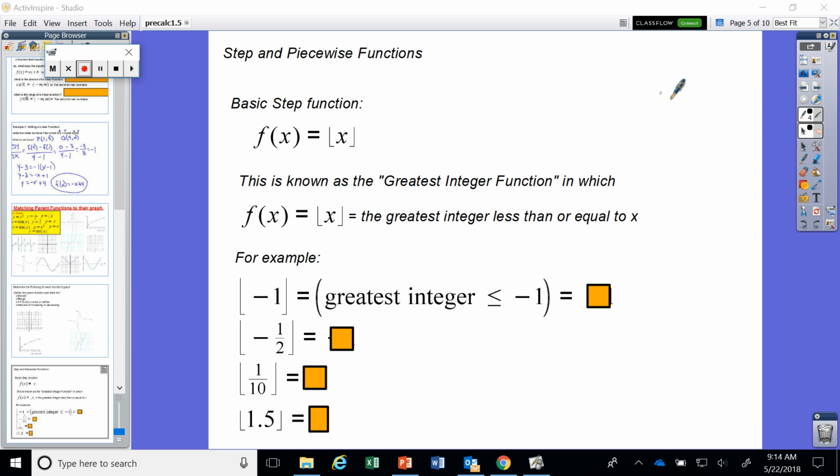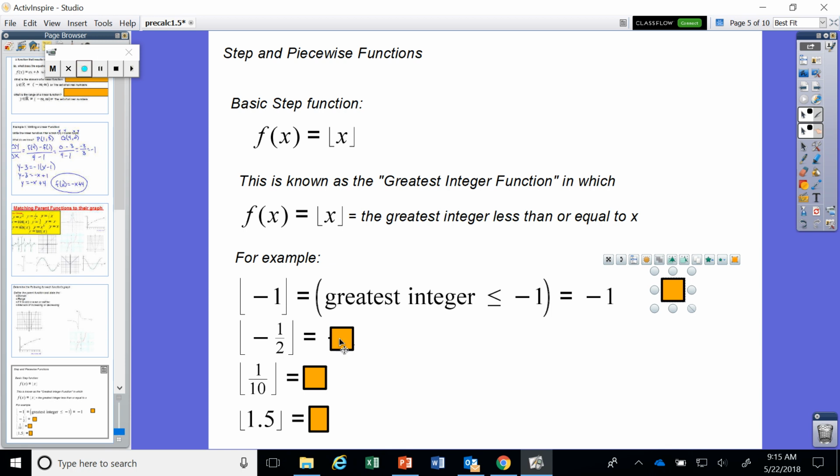The question I have to start off with is, what would be the step of -1? In parentheses, you're asking yourself, what is the greatest integer less than or equal to -1? Well, -1 itself is an integer, and it is less than or equal to -1, so -1 is the value of the step function at -1.